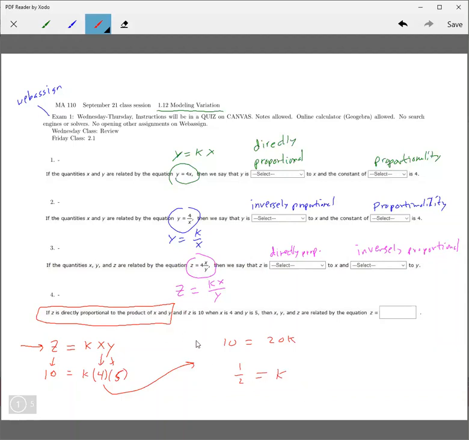Then you place this 1/2 into here. So when 1/2 substitutes in for k, z is equal to 1/2 xy. So the answer here is 1/2 xy.